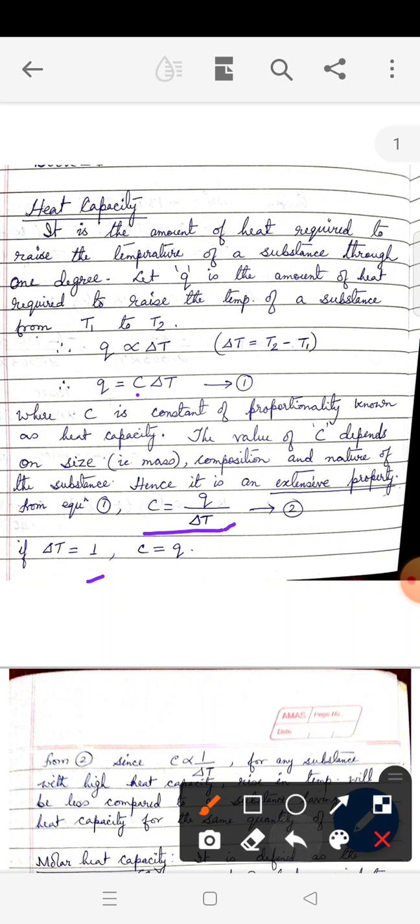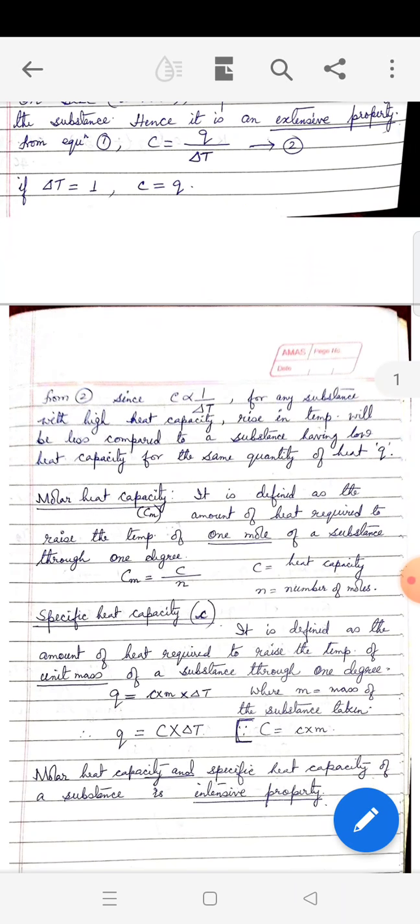So you can understand, if I take different quantities of the same substance, the amount of heat required to raise the temperature through 1 degree in two different cases where the masses are different, the value of C will be different. That means the value of C depends on the mass of the substance, and that is why we call it an extensive property.